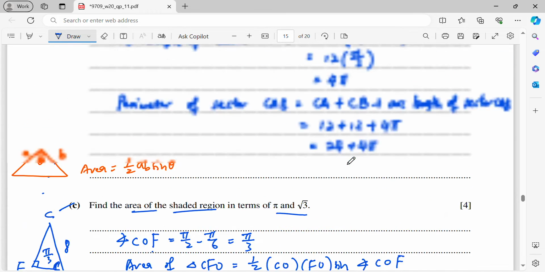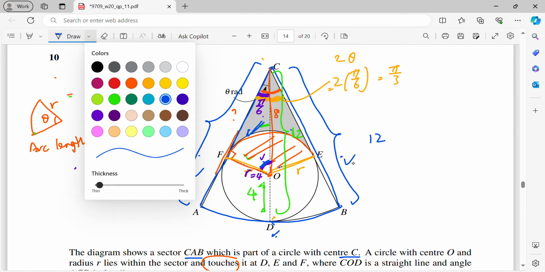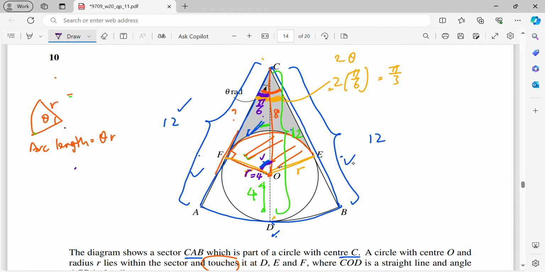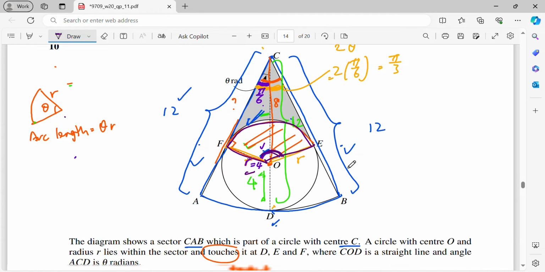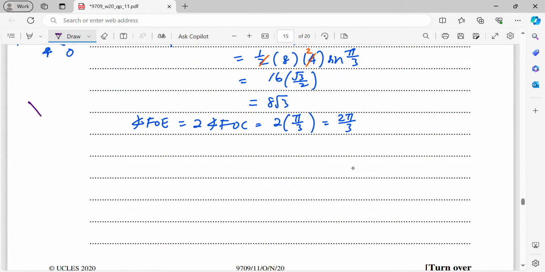Now, for your information, when you look at this sector, the R is 4. As long as you know the angle, we can find the area of the sector. Okay, so I give you the general form. Let's say this is a sector. Here is theta. This is R. So your area is half R squared theta.